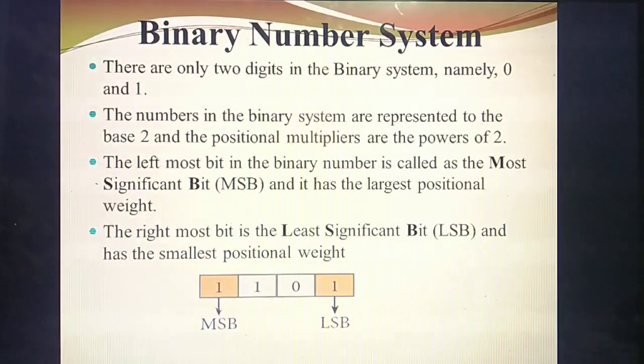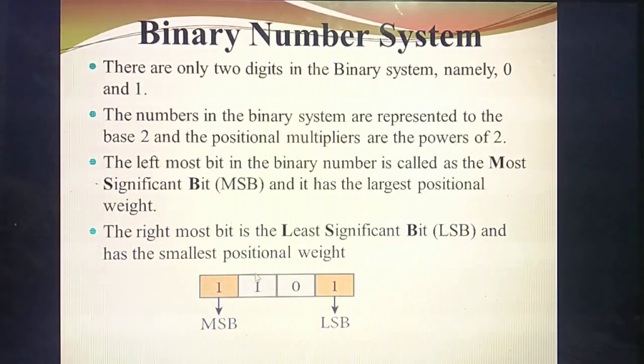Understand what I mean by positional weight? So see this example. Binary numbers always have only the values 1s and 0s. So by seeing the numbers, you can identify this is a binary number. See this example: 1, 1, 0, 1. By seeing it, you can identify this is a binary number, because binary numbers always have the values 1s and 0s.